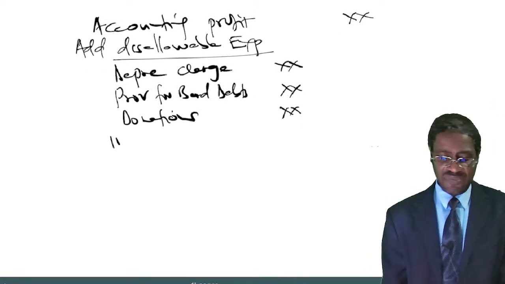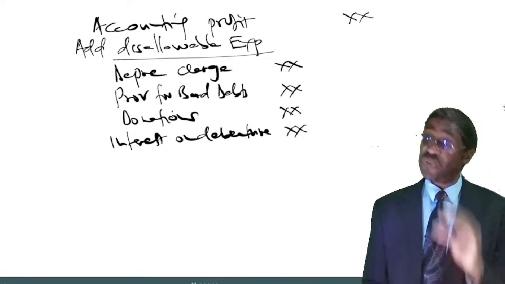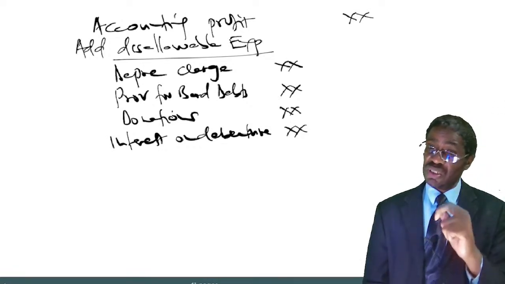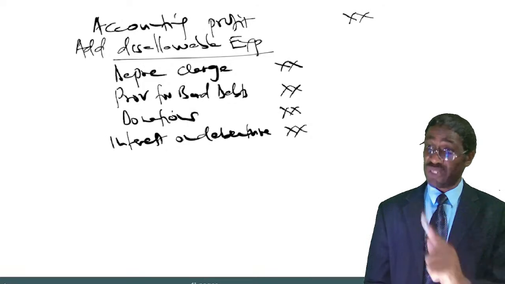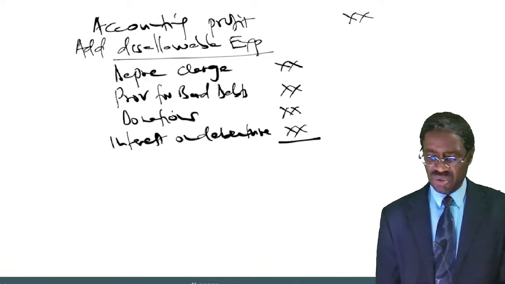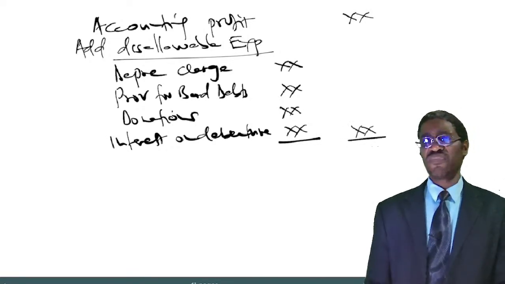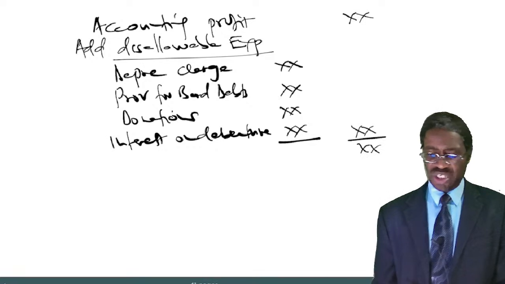Then the last one, which we have said, is interest on debentures, where you are told that interest is recognized for tax purposes on cash basis. Good. Let me assume those are the only ones. I get the net, get the total, whatever it is.